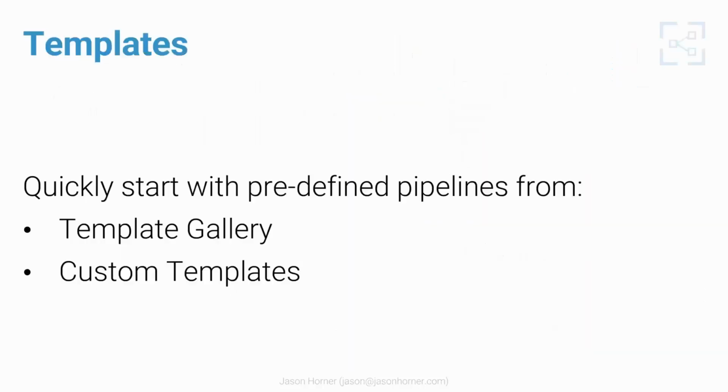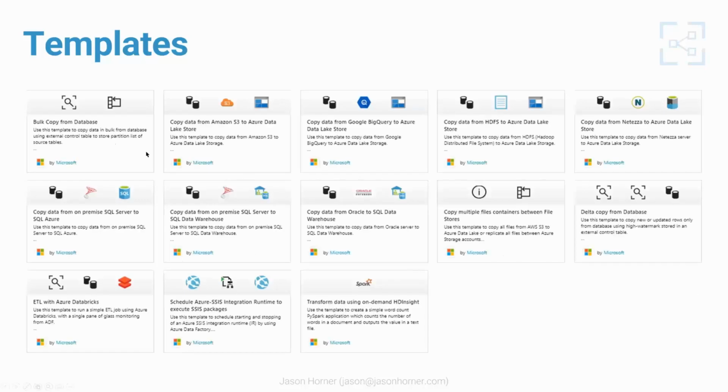Templates, so these are coming from our gallery. So we've got a lot of different pre-built things. This is pretty slick, especially if you're getting started and you want to see how they're approaching it. I would say that most of these are good examples, but they may not necessarily be best practices, right? I've seen some pretty interesting things in these templates that have saved me a bunch of time, because they're all parameterized, so I can just provide my information and I'm up and running.